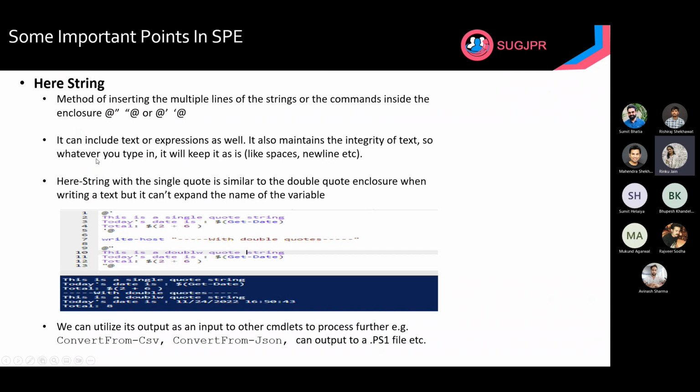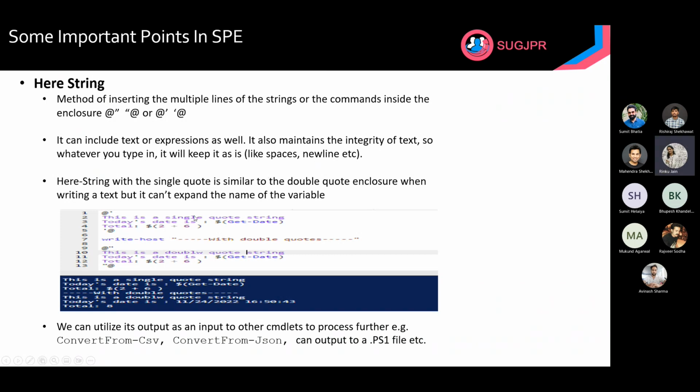For text it will be the same, but for variable expansion of the expression, it will behave differently. It can include text or expression as well, and it also maintains the integrity of text. So whatever, let's say if you have a new line character or something else, it will maintain that integrity. It won't change when you execute it.